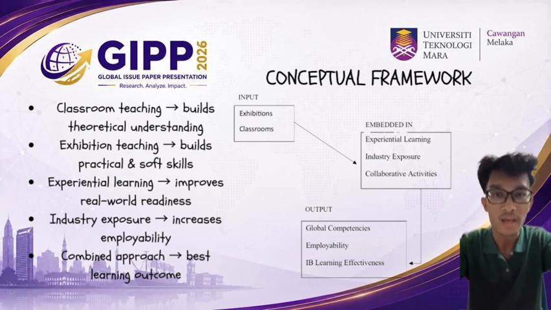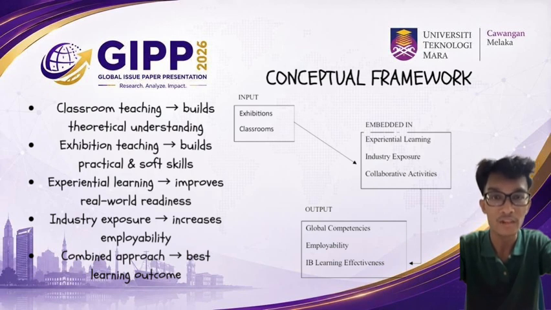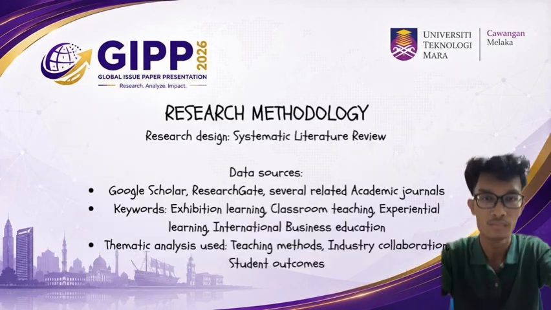As a result, the output is improved global competencies, guided by stronger employability skills and greater effectiveness in international business learning. Overall, the framework shows that combining classroom learning with hands-on experience enhances students' knowledge, skills, and career readiness.